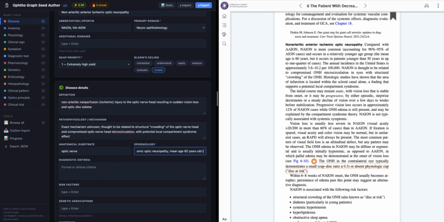And I'll put in parentheses because it says up to a quarter of the cases are in patients younger than 50. So 25% are younger than 50 years old. Annual incidence approximately 6 to 10.2 per 100,000.